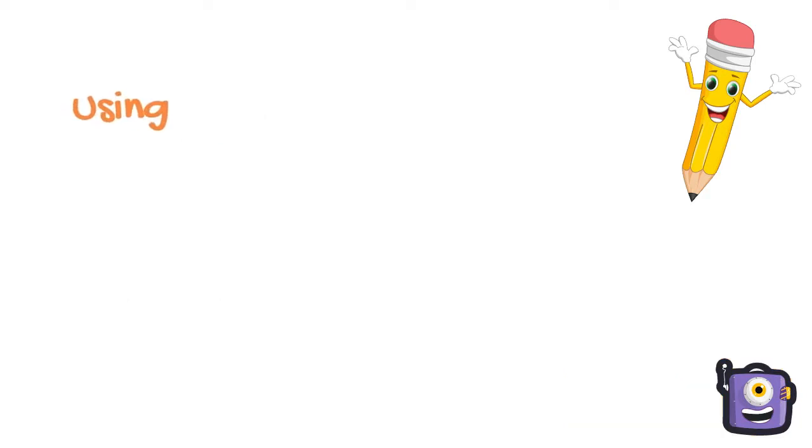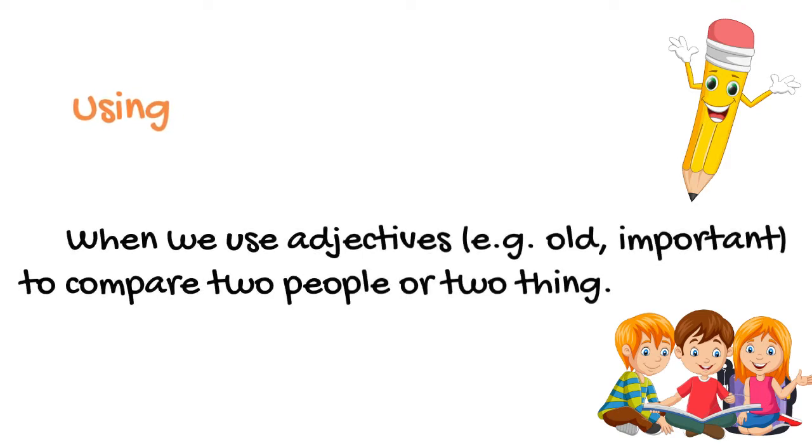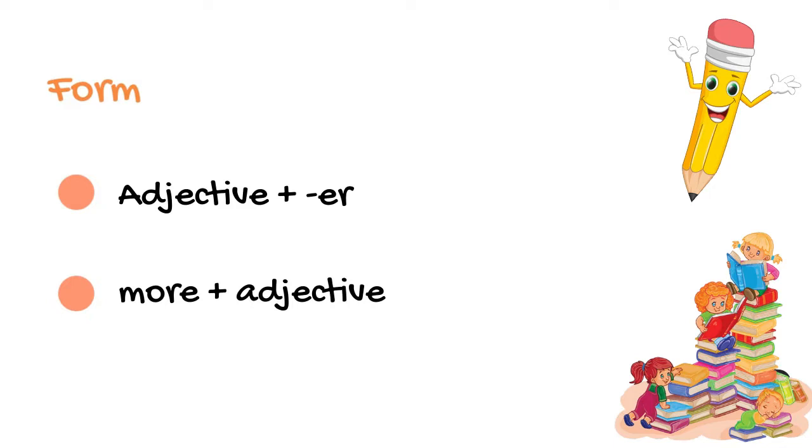When we use adjectives, for example old, important, to compare two people or two things, the comparative adjectives have two forms. One, adjective followed by er. Two, more followed by adjective. And both are followed by than.